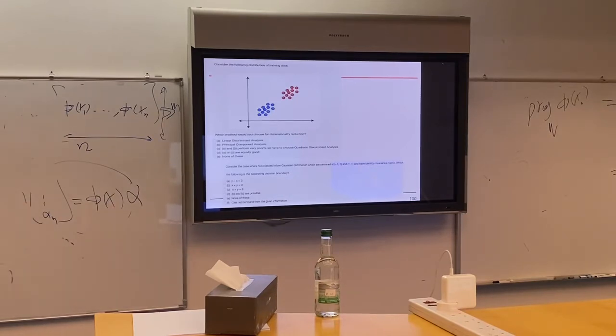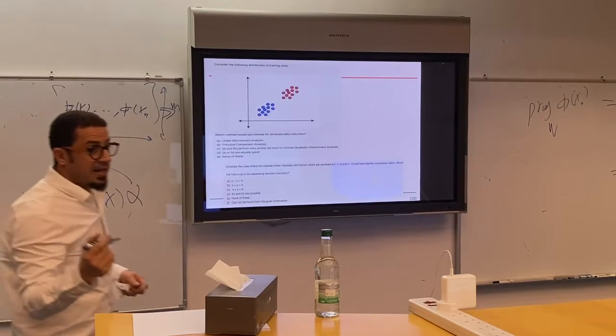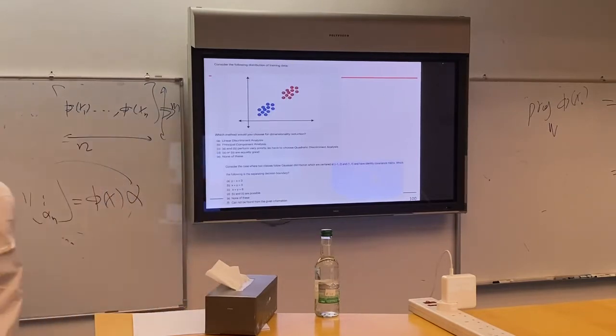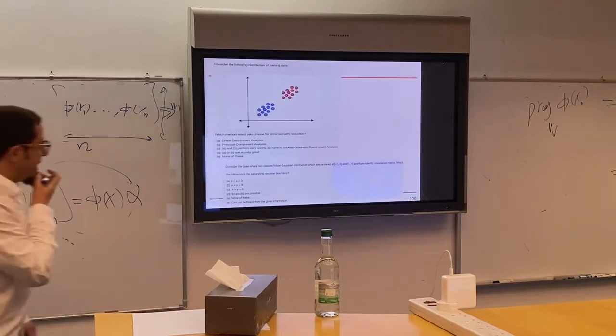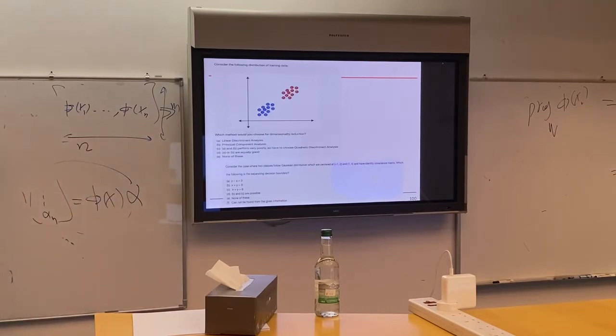Look here, you have data here, and you have another data here. The mean of this one is -1, 2, and the mean of this one is 1 and 4, right? Okay. They have the same variance. What does it mean, same variance?